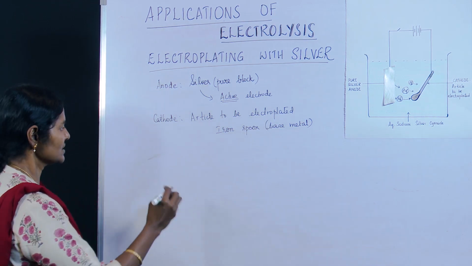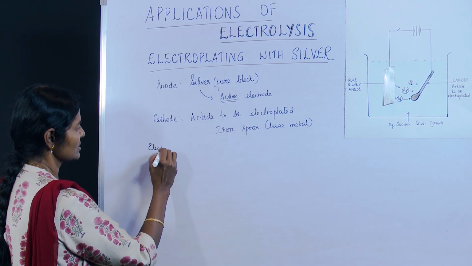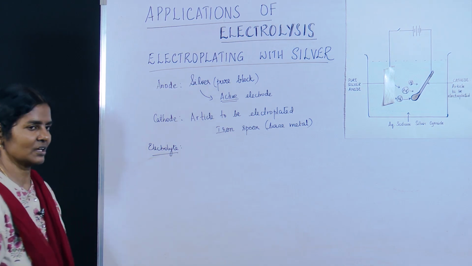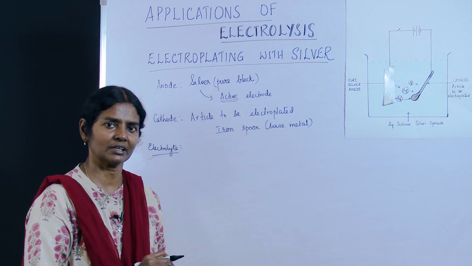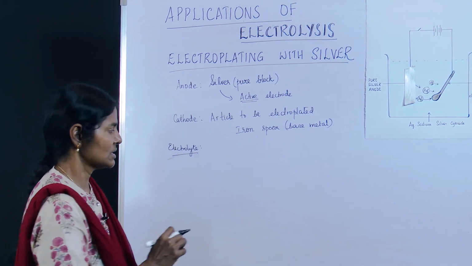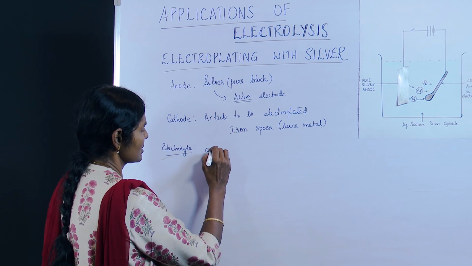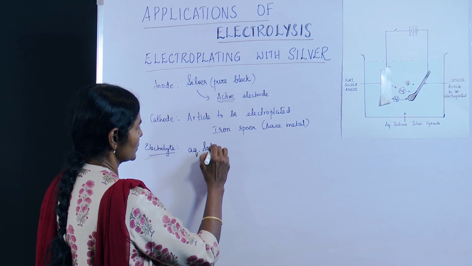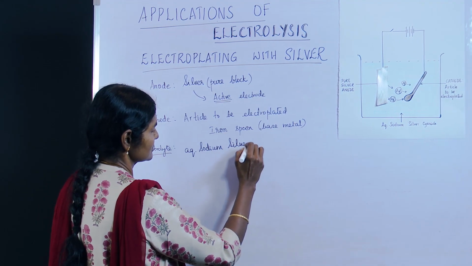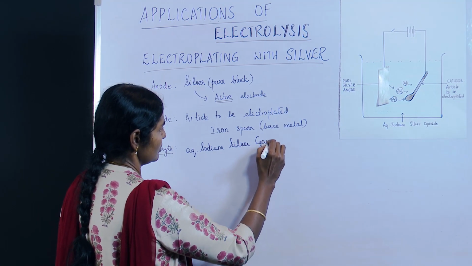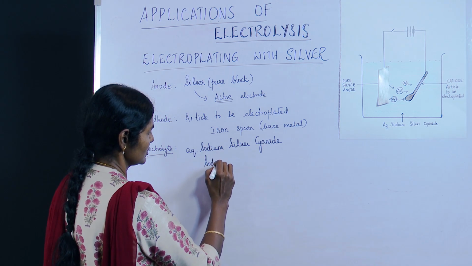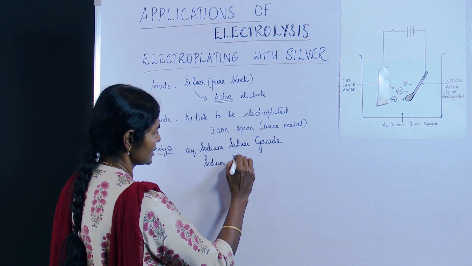Okay. Next, what is the electrolyte? When you come to the electrolyte, we know that it should contain ions of silver because it has to be coated with silver. So we take aqueous sodium silver cyanide, or it can also be called sodium argentocyanide.